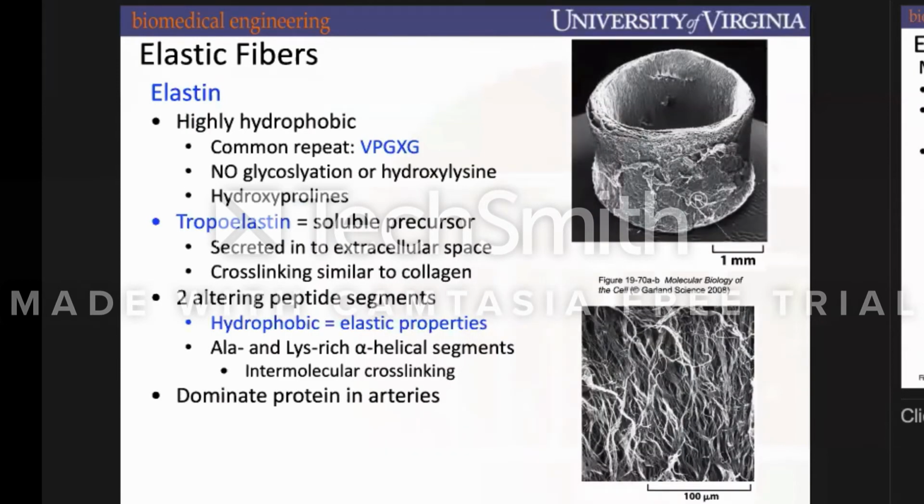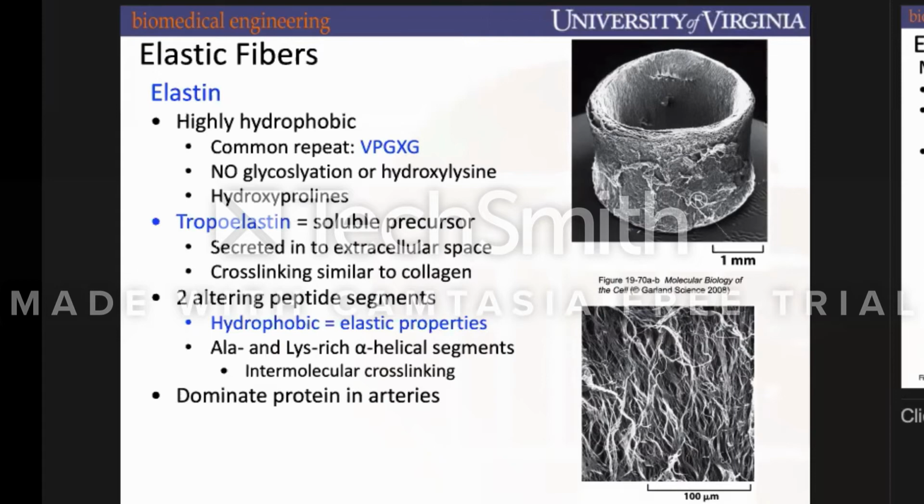So we've talked about how proteoglycans and their associated GAG chains can help provide strength in response to compression. We've talked about how collagen fibers can help provide strength in response to tension. But especially in response to tension, after that strain has happened, it's really important for it to be able to go back to its original conformation or original state.